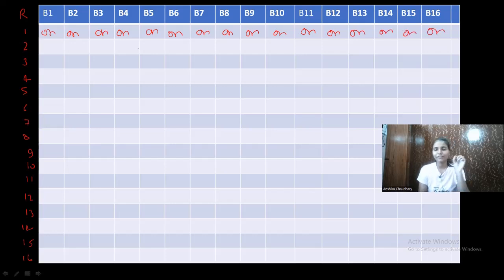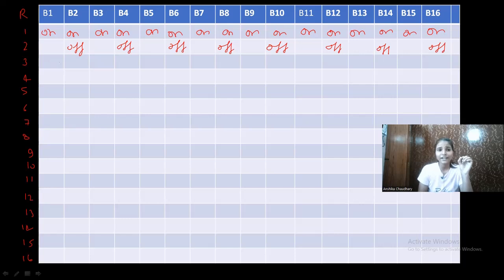So at the very first round you make all the bulbs turned on. Now at the second iteration you have to turn off each second bulb. That means the second bulb, fourth bulb, sixth bulb, eighth bulb, 10th bulb, 12th bulb, 14th bulb, and 16th bulb. So let's make them off.